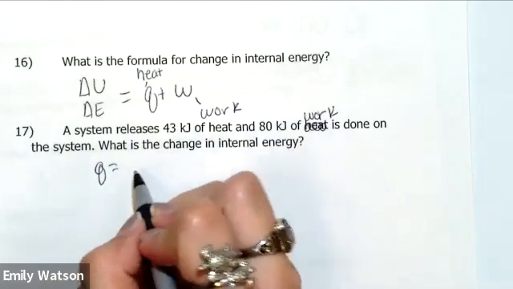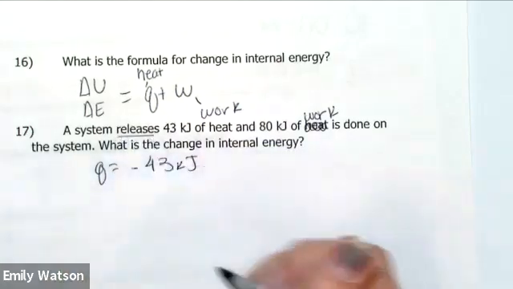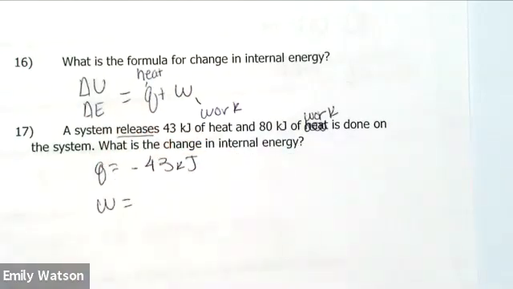Yes, negative. Negative 43 kilojoules because we're releasing. If work is done on a system, is that positive or negative? Positive. If work is being done by a system, it's negative.